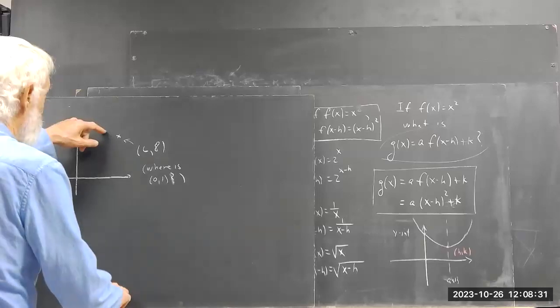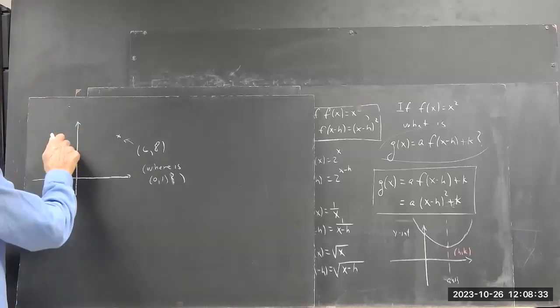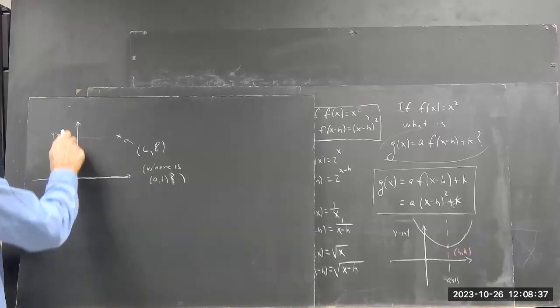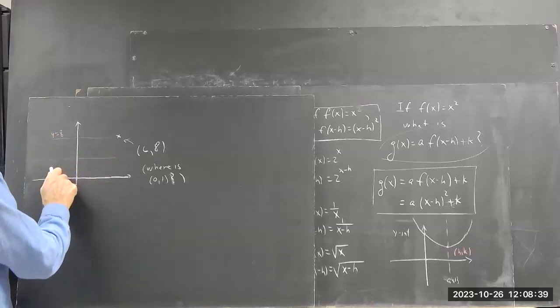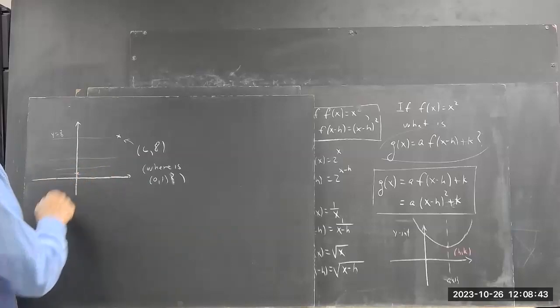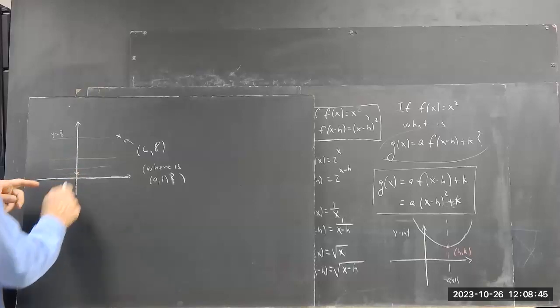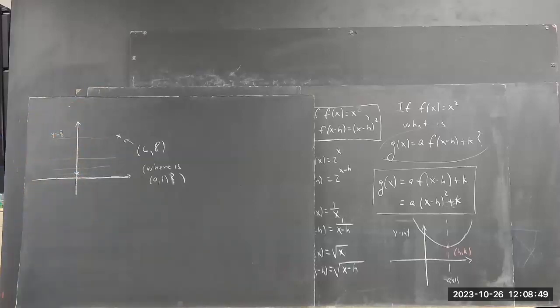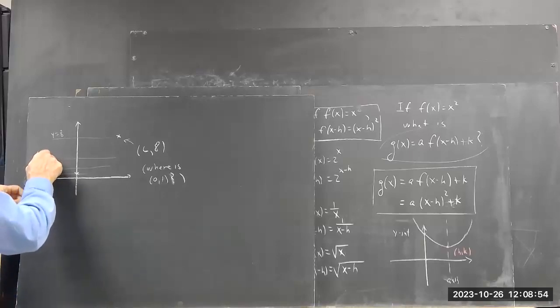So if 6, 8 is here, you could divide. Here's y equals 8. So we cut that in half and get 4, cut that in half and get 2, cut that in half and get 1, so 1 ought to be here. Everybody did a pretty good job of locating where (0, 1) would be, right?